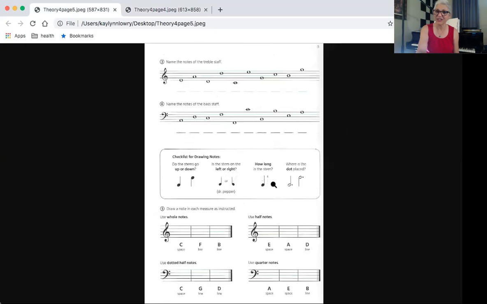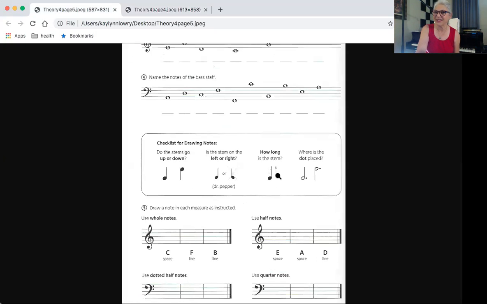The next thing to remember is how long is the stem? So basically, if you will draw a note, let's say you decide to draw an F, your stem should go all the way up an octave to where the next F would be. The same way, if your stem is going down, it should go the length of an octave.